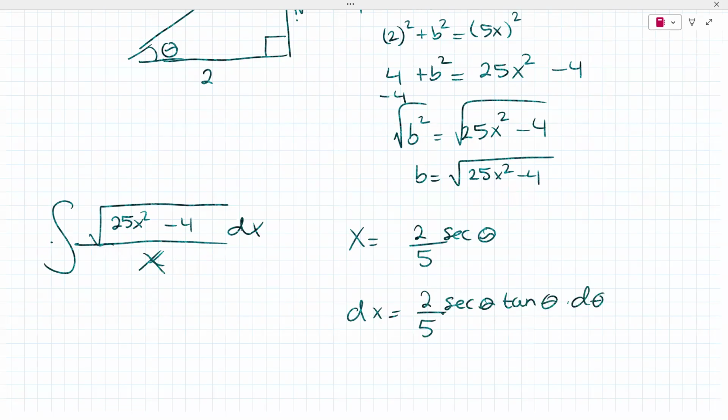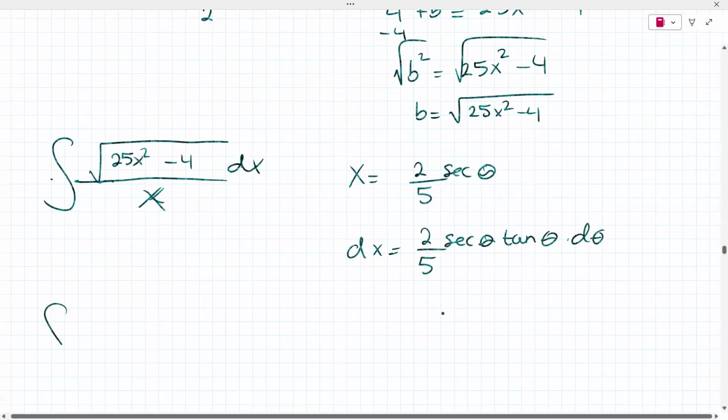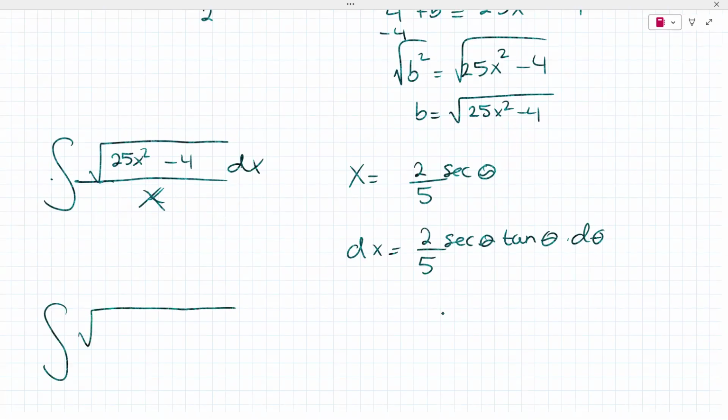And then we said that x is this, so now we can do some back substitution. If x is 2/5 secant theta, x squared is going to be 4 over 25 secant squared theta.